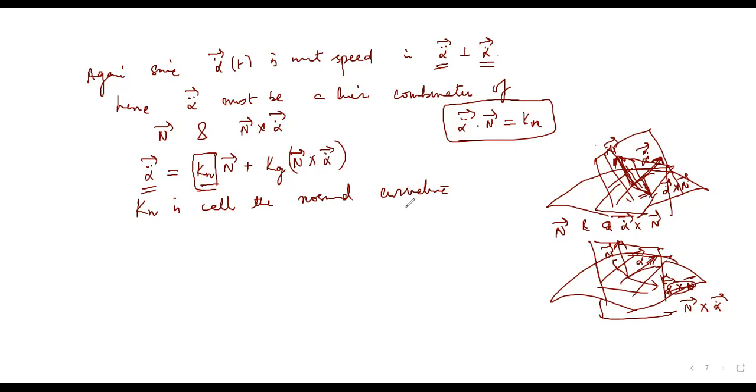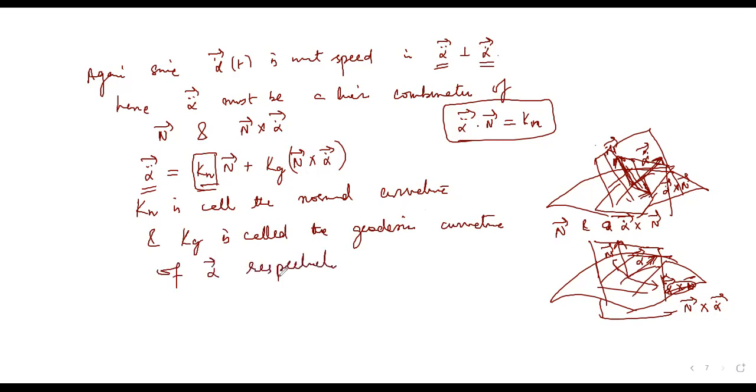So k_n is called the normal curvature, and k_g is called the geodesic curvature of alpha, respectively, of the curve on the surface.